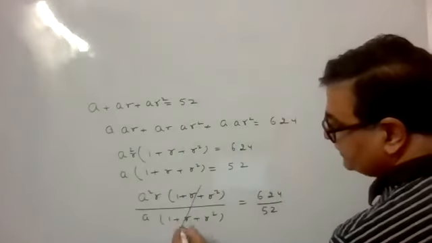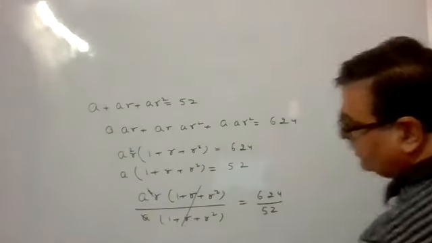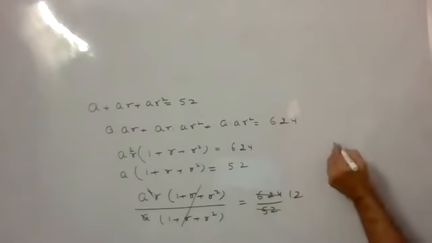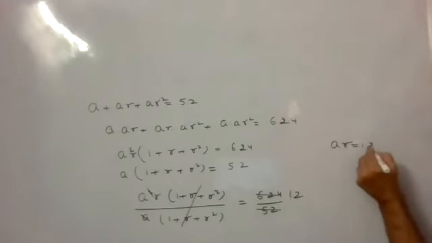These two terms get cancelled out, and A gets cancelled out. 52 into 12 gives 624. So I got AR comes out to be 12.